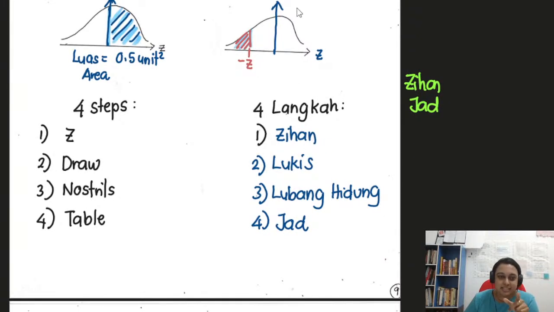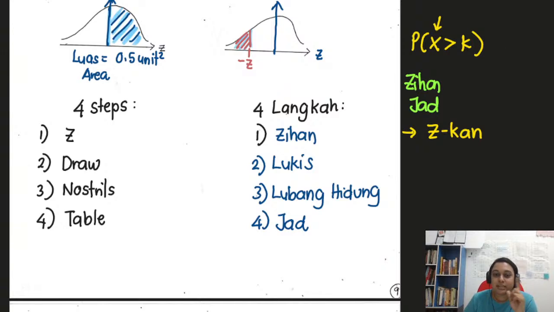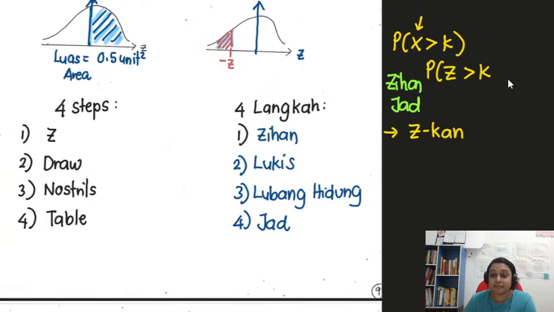Zihan, the Z is actually, kita kena Z kan. If for example, kalau soalan they write X lebih besar daripada K, you cannot use X. You kena change kepada Z. Kena tukarkan kepada Z. What is the formula to tukar kepada Z? Ingat tak?